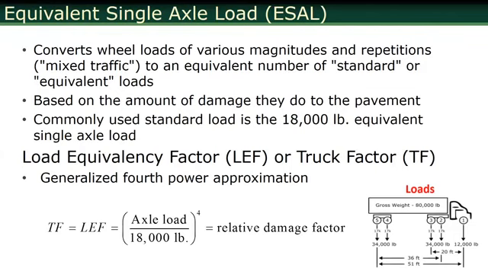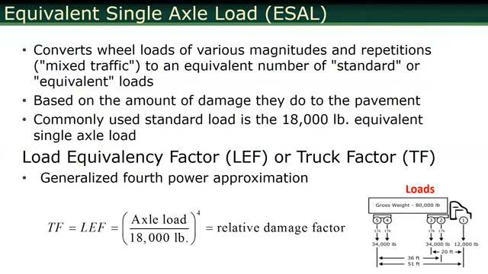AASHTO 93, we have something called load equivalency factors, or truck factors. This load equivalency factor is the axle load at any of the axles divided by 18,000, to the power 4. Okay. So they came up with this relationship.